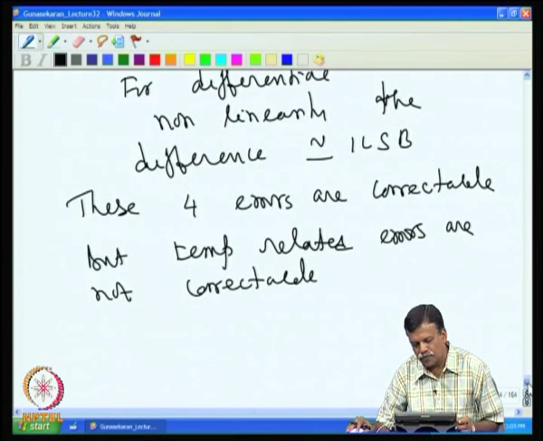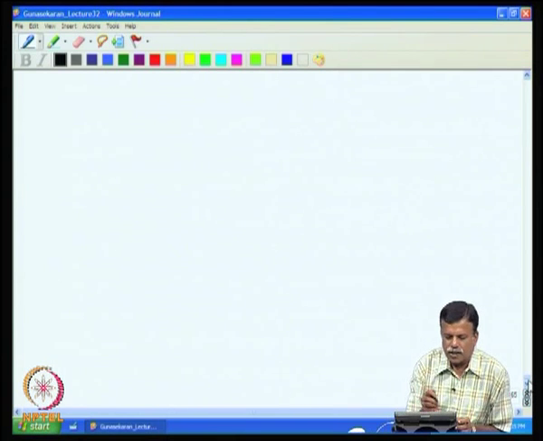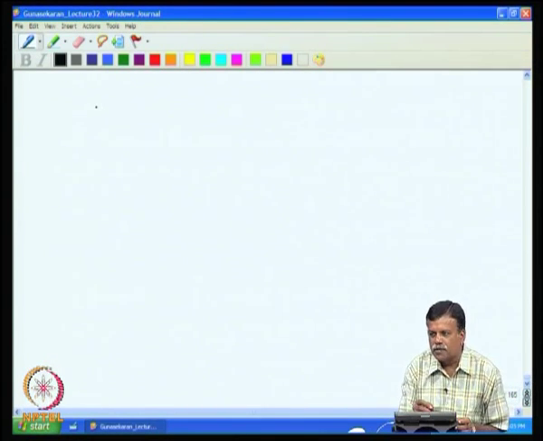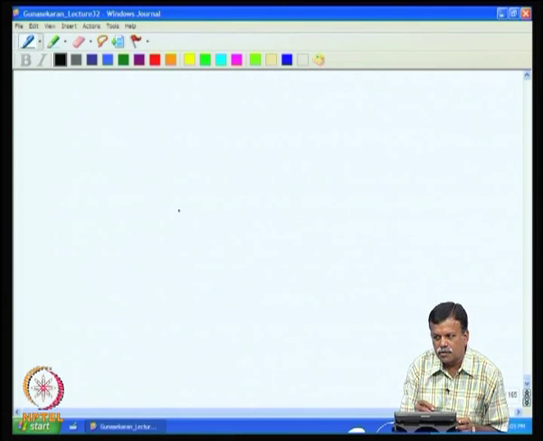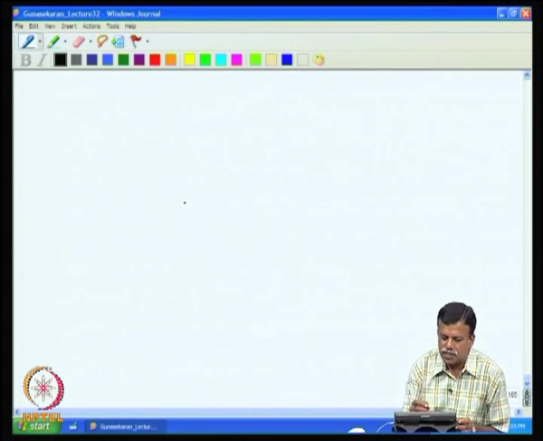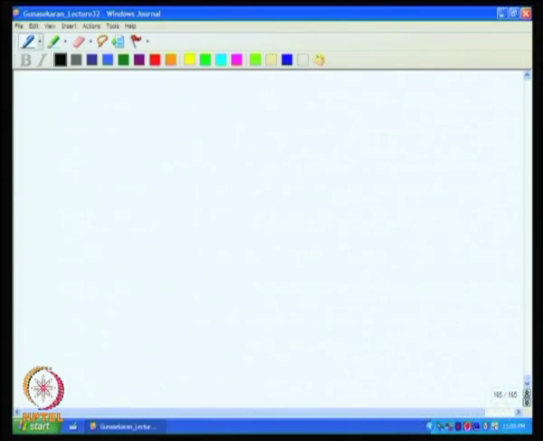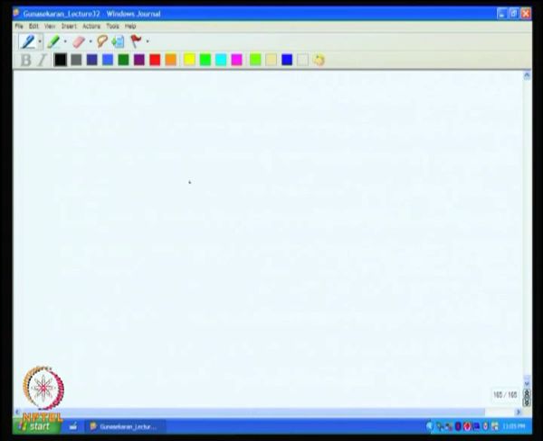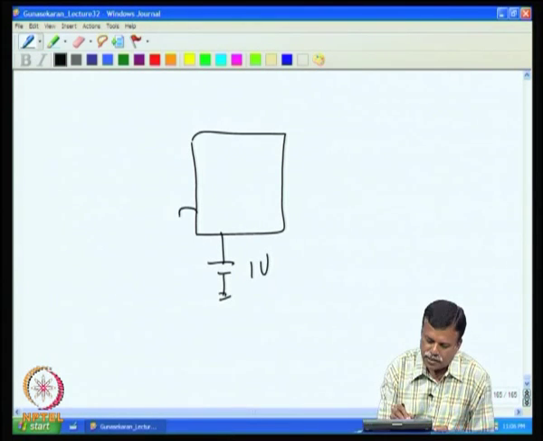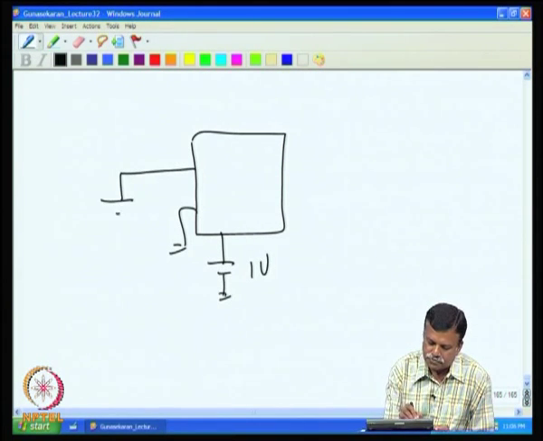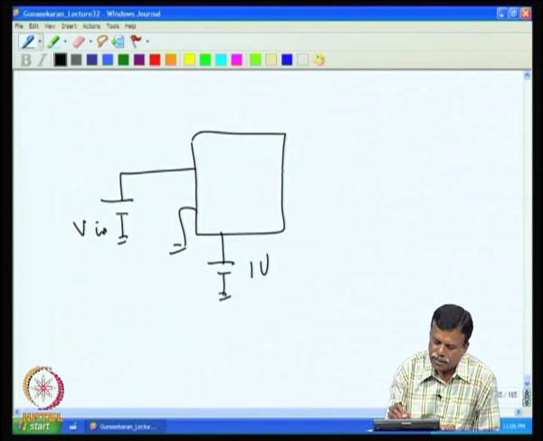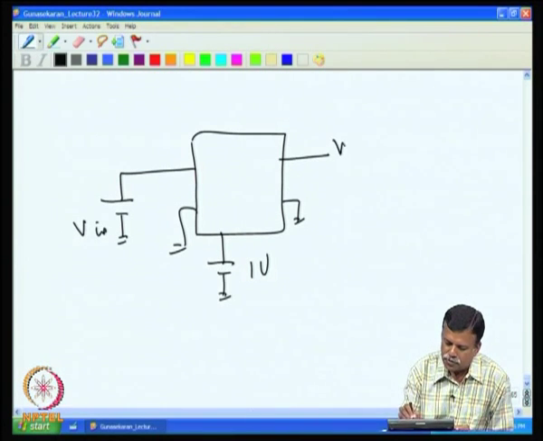For example, if I have an A to D converter which has a 1 volt reference, then 1 volt will be the analog expected output voltage. Now, let us see how these errors come into the picture in a real converter. For example, we take an A to D converter which has a 1 volt reference, and I have a V input here, and then you have a V output.